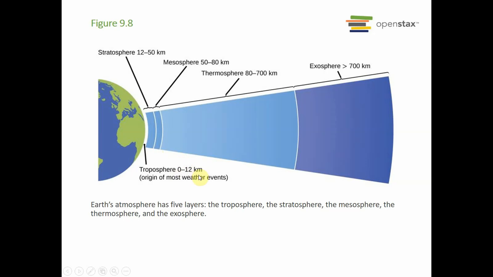And so all the mountains and everything that we experience on the surface of the Earth, including the tip of Mount Everest, occurs within the troposphere. The stratosphere is higher than that. That's where most airplanes fly, higher than Mount Everest. And then you get into the more complicated phenomena, mesosphere and thermosphere, where the air is extremely thin, so much so that we would hardly call it the atmosphere if we were to try to breathe it.